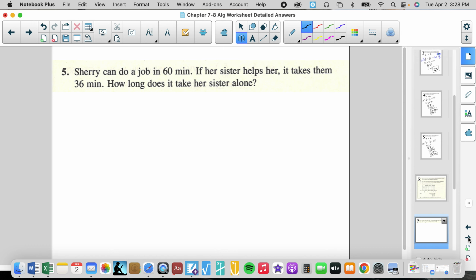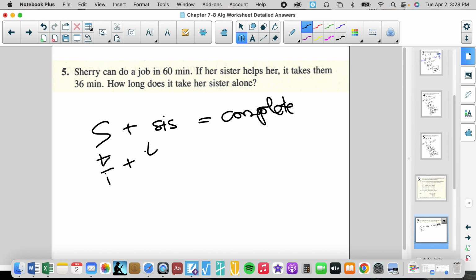Sherry can do a job in 60 minutes. If her sister helps her, it takes them 36 minutes. How long does it take her sister alone? So we have Sherry and her sister, and we have the completed job, completion. So we still are doing together over individual plus together over individual equals 1.